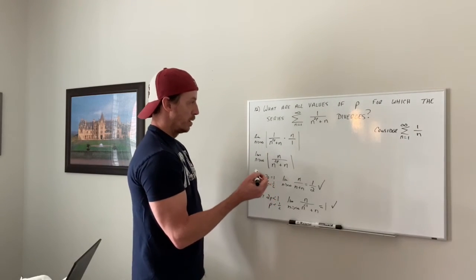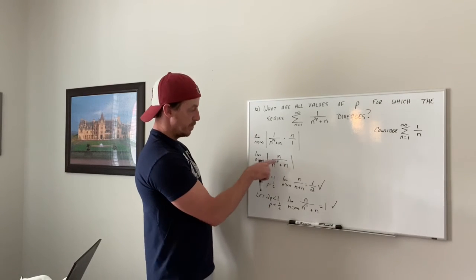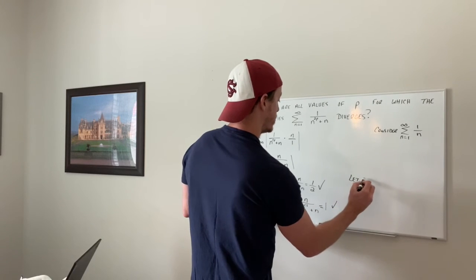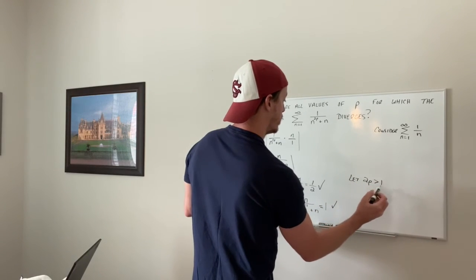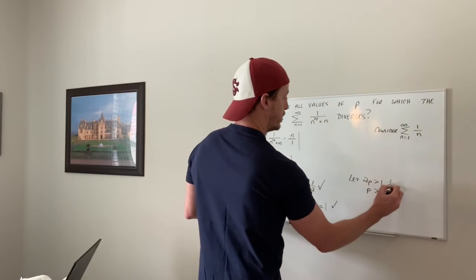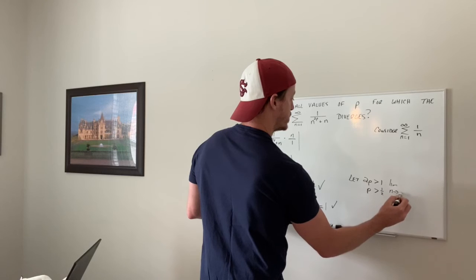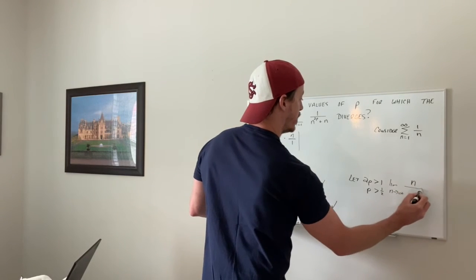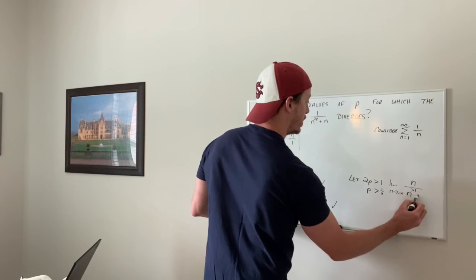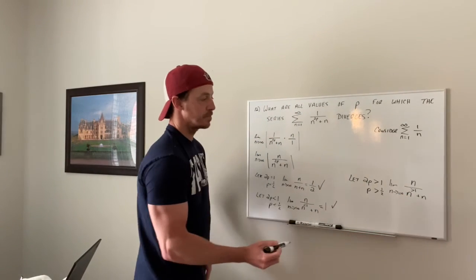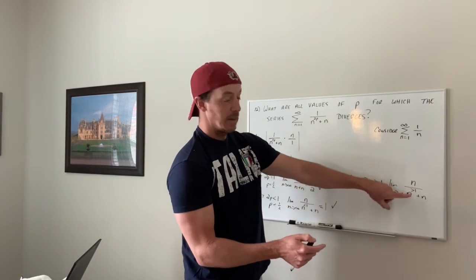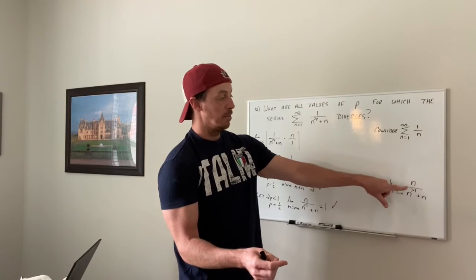The only other thing to consider is if this exponent is greater than 1. So let 2p be greater than 1, which would mean that p is greater than 1/2. The limit as n approaches infinity of n over n raised to some number bigger than 1, plus n. Now this thing is bottom heavy, as you would have called it in Math 3.